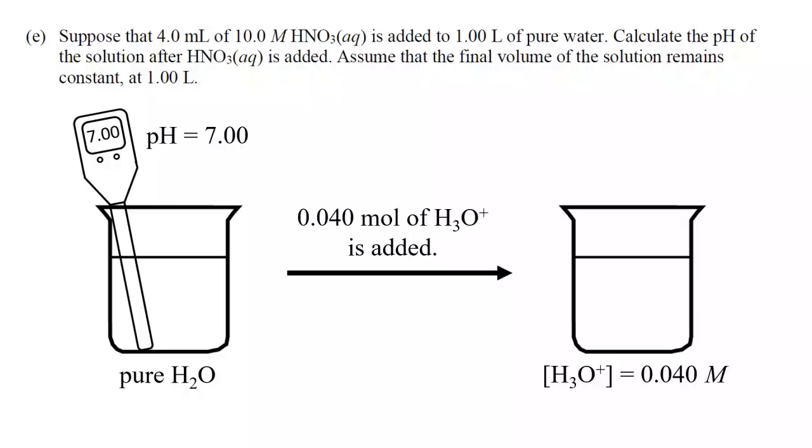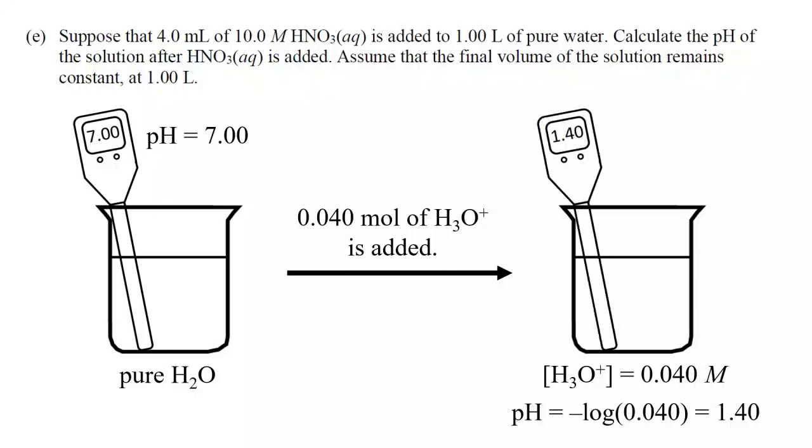So what you can see there underneath that beaker on the right is the concentration of the hydronium ion, 0.040 moles per liter. Now, how do we get the pH? We take the negative log of the hydronium ion concentration. And the negative log of 0.040 is 1.40.